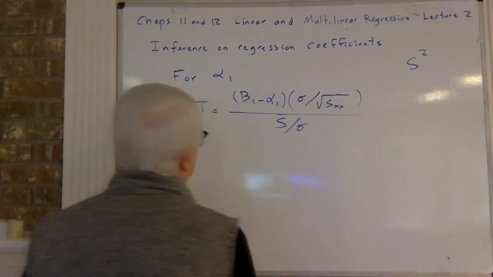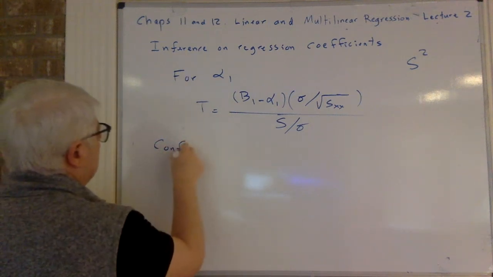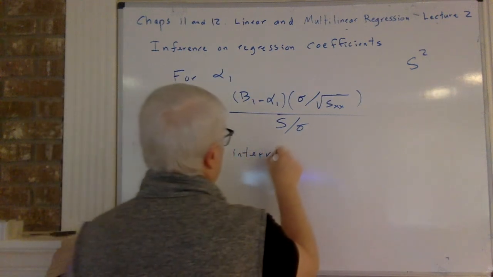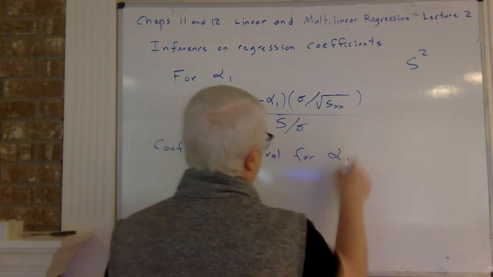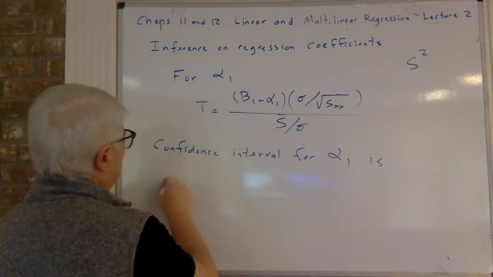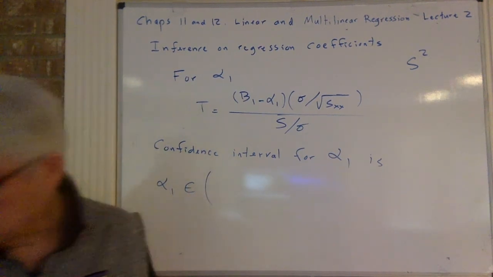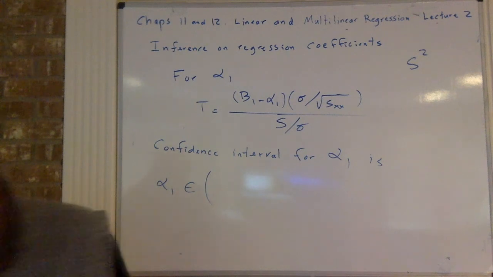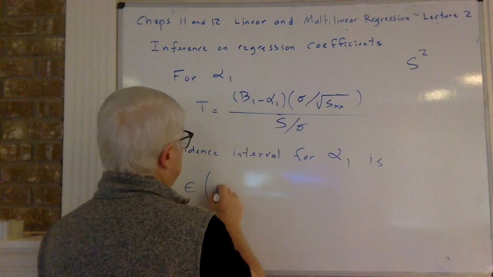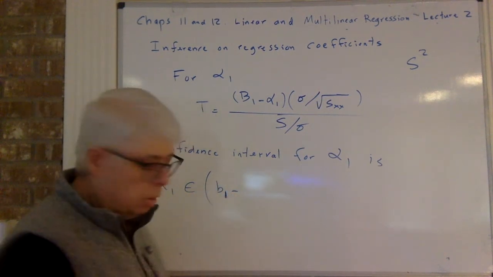The confidence interval for alpha 1, in fact, is: we say that alpha 1 belongs to this interval that I am going to write. That is the b1 that we have found, so this is what we have calculated for alpha 1.